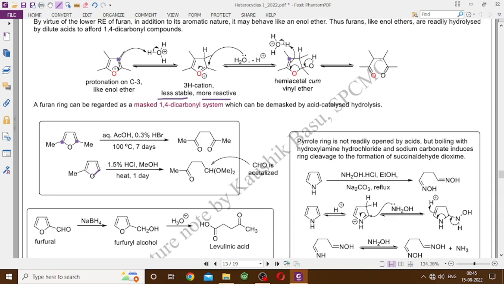You get a CHO here because you only have a hydrogen at this position, and that aldehyde is preferentially acetalized in the presence of this alcohol reaction medium, so that you get this compound as your product. As we know, aldehydes are far more reactive, both electronically and sterically, compared to ketones. This is the reaction where the acetal formation has taken place preferentially at the aldehyde.